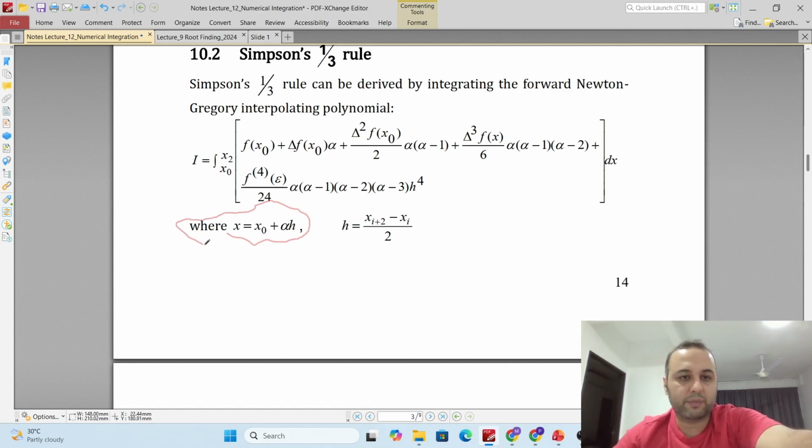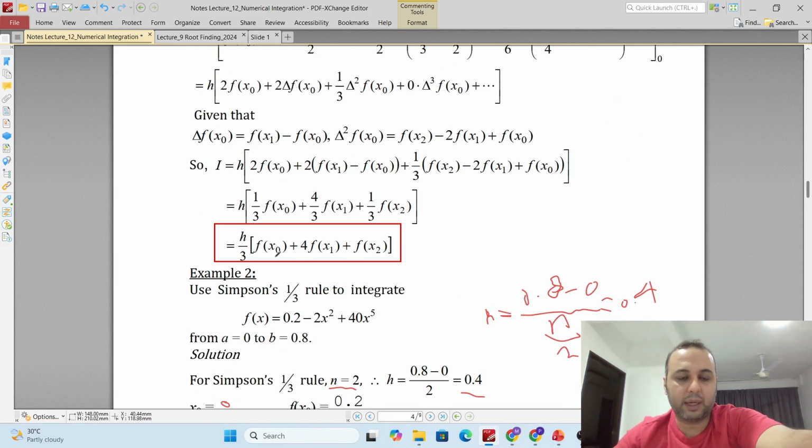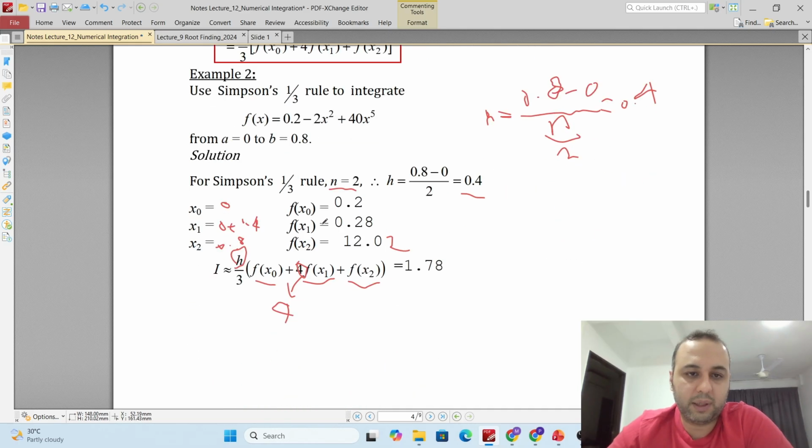This is the formula for finding h, and we studied this formula for Simpson's 1/3 rule, and we solved one example. We calculate by applying h, which is our step in this case. So x0 and x2 are the beginning and end of our interval, and 0.4 is the step, right?